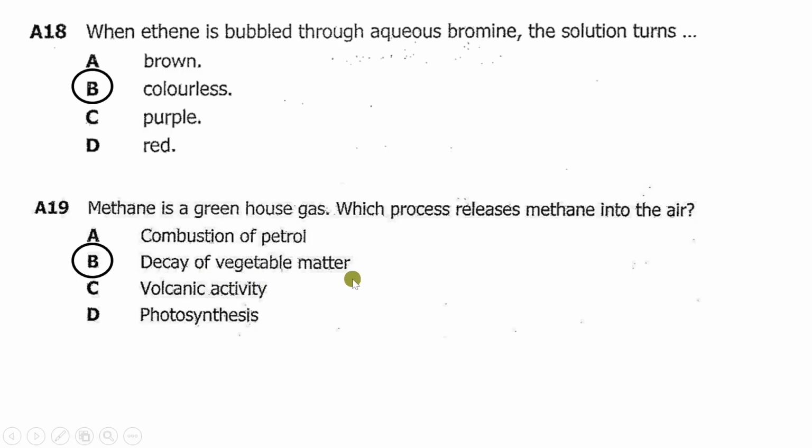So things that are decaying release methane into the air, and this methane is also the gas that can be obtained from feces or toilet waste. Animals like cattle and goats, when they pass gas, there must be this gas methane.